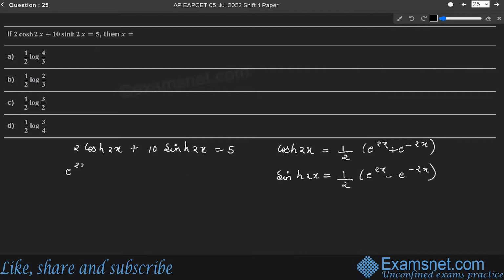e^(2x) + e^(−2x) + 5e^(2x) − 5e^(−2x) = 5.